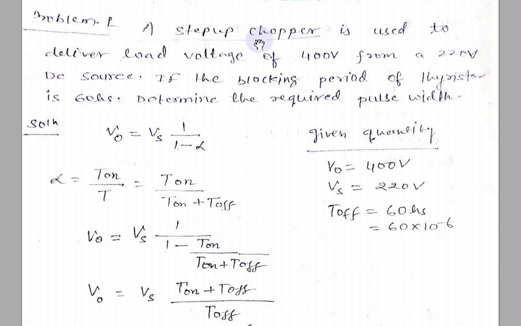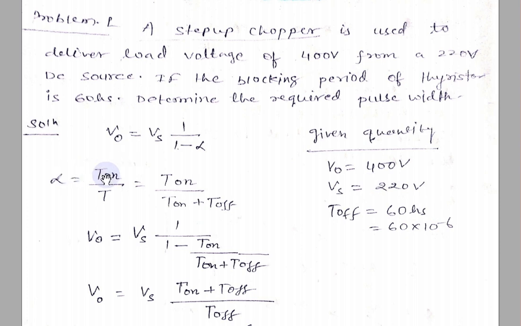For a step-up chopper, we have the formula we discussed in the last class: V naught is equal to Vs times 1 by 1 minus alpha. The given quantities are load voltage, meaning output voltage, 400 volt, and supply voltage 220 volt. The blocking period of the thyristor, T off, is 60 microseconds.